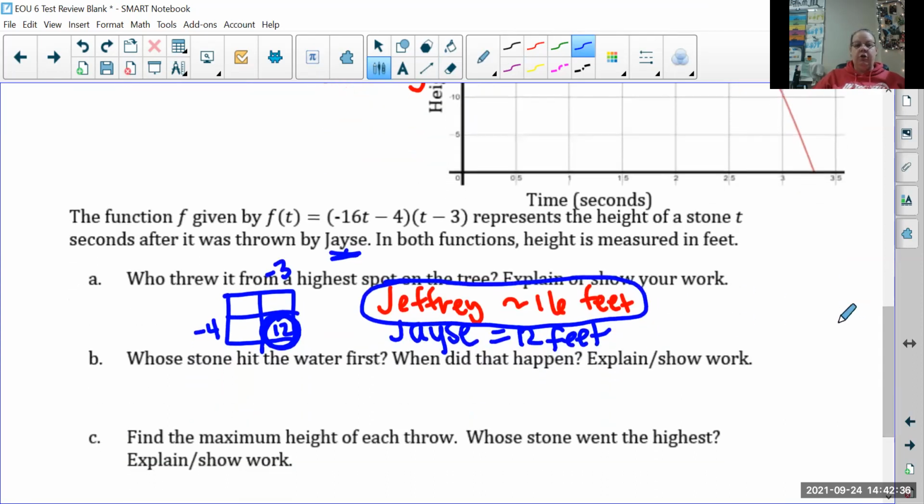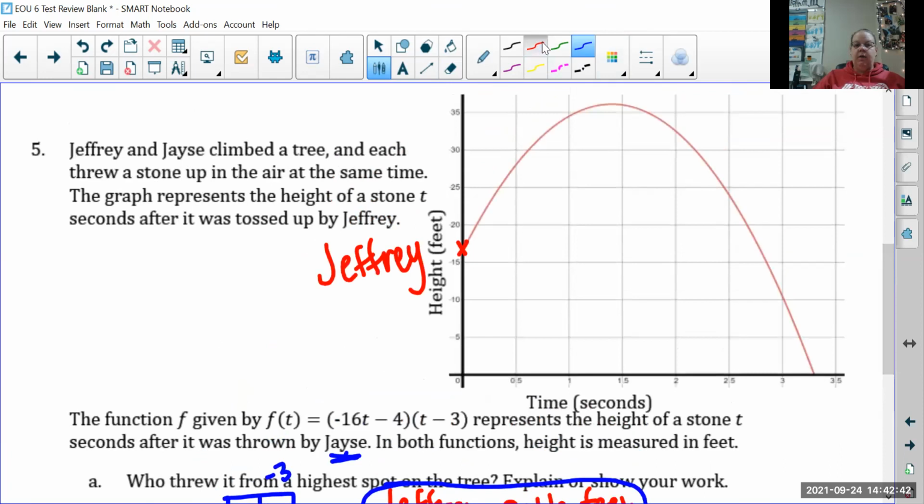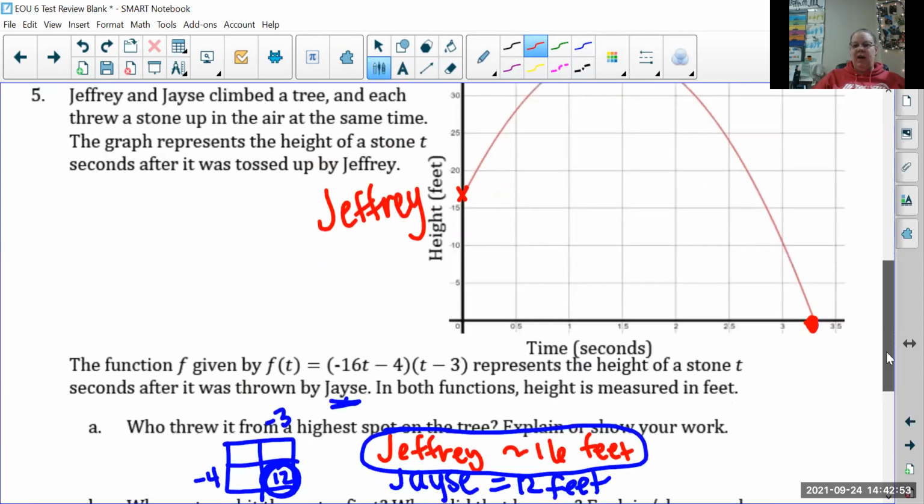Then looking at question 2, whose stone hit the water first, and when did that happen? If we look at Jeffrey's graph, when his hits the water, it is no longer in the air and has a height of 0. So we're looking at the x-intercept. Right here, his is about 3.25, 3.3.